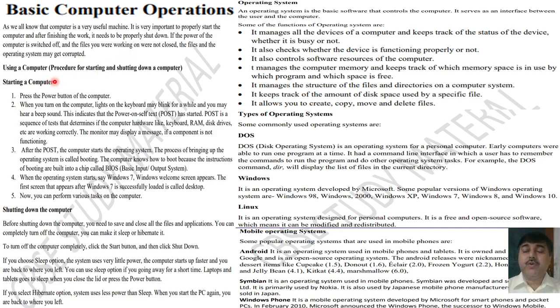When using computers, we have to press the power button, and the POST, meaning power-on self-test, runs a sequence of checks on the hardware, RAM, disk drive, etc. This is displayed and monitored in a proper way.